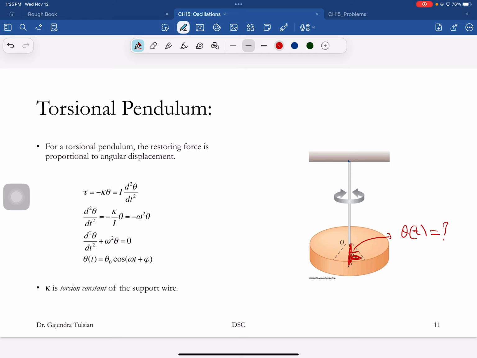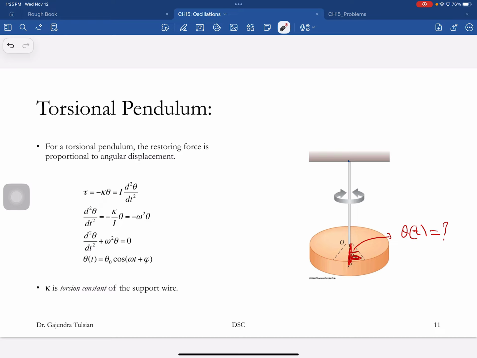So it depends on something called the torsion constant, and this guy is the torsion constant, kappa. The torque is proportional to the displacement from the equilibrium position. The restoring force or torque is proportional to the displacement, so what you'll get is simple harmonic motion.